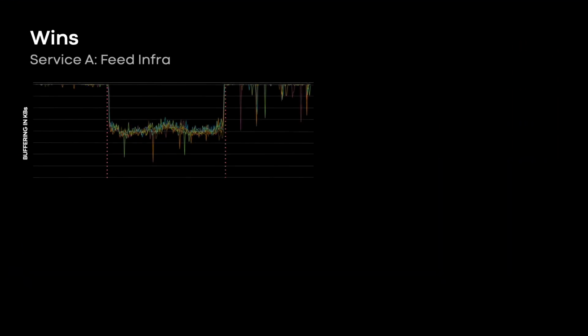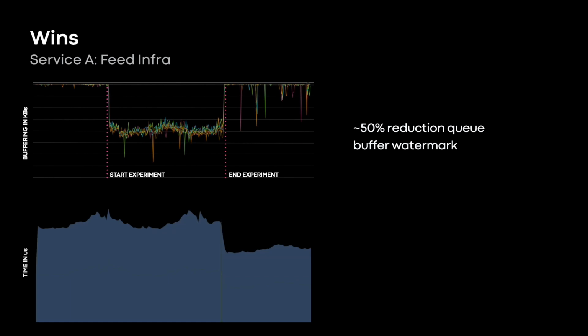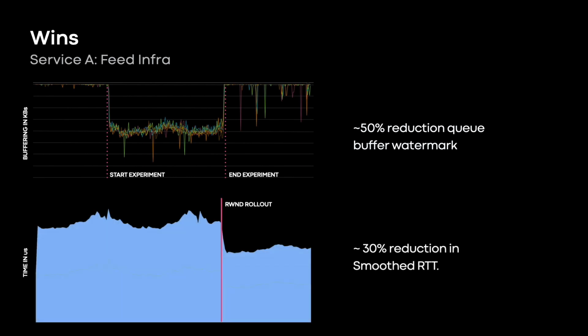Let's look at the wins. I'm just taking a specific service here called feed infra, which is what, let's say, you open up Facebook and look at your feed, and this is a service that gets your feed intact. The first chart shows the queue buffer watermark. I'm looking at two different wins here on top of the retransmissions.